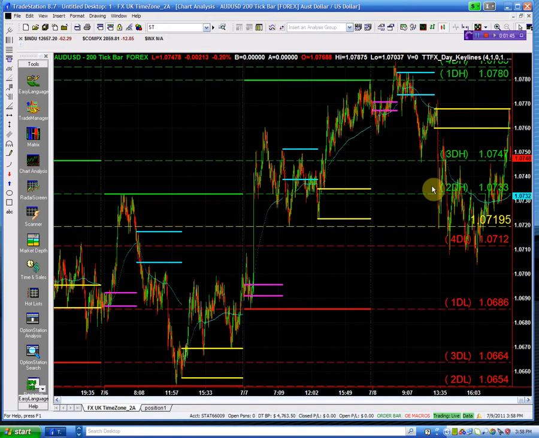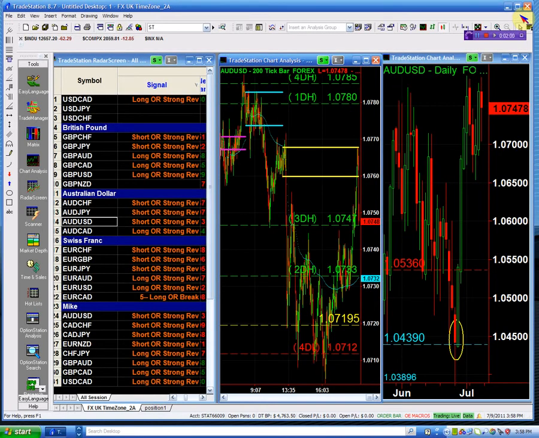So we need to have some clarity, if you will, on which way the dollar and the Aussie is going to be moving. So I have here my momentum highs.